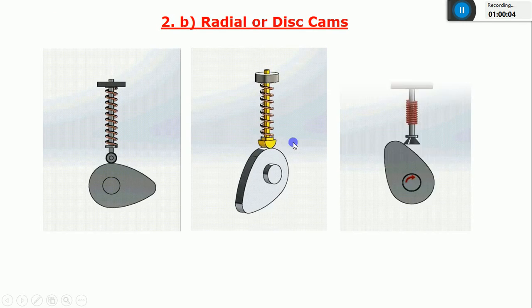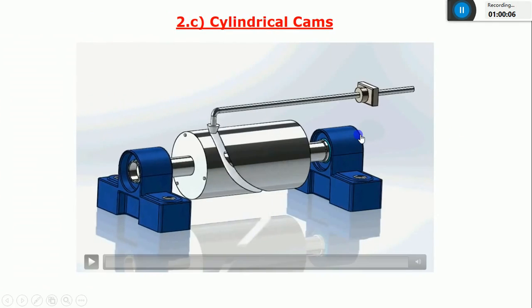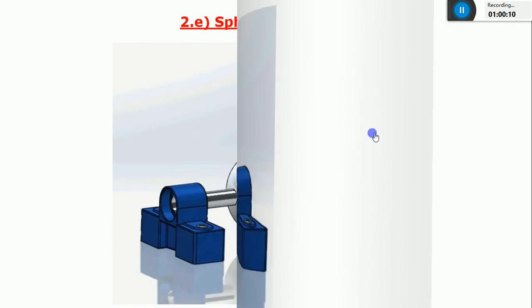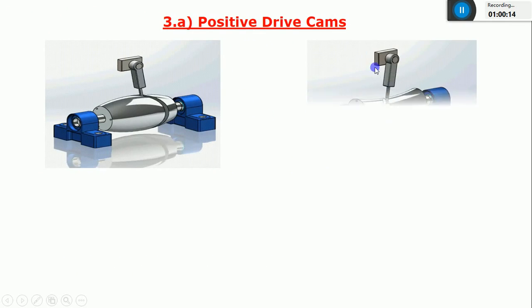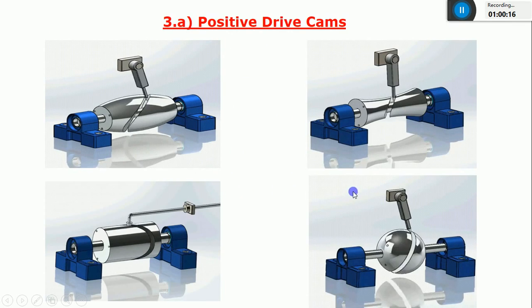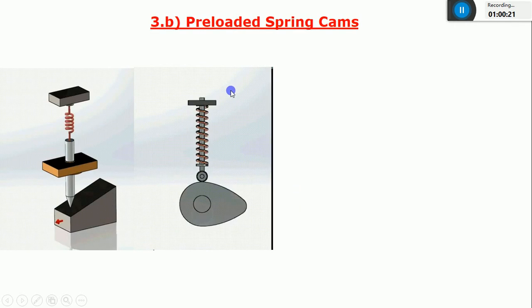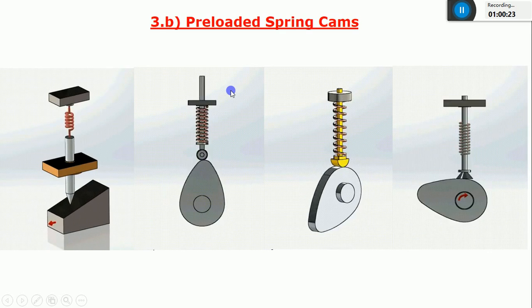These are examples of radial and disc cams. And also we have discussed the positive drive cams. These are the 4 examples. All these 4 come under positive drive cams, and these are nothing but preloaded spring cams.